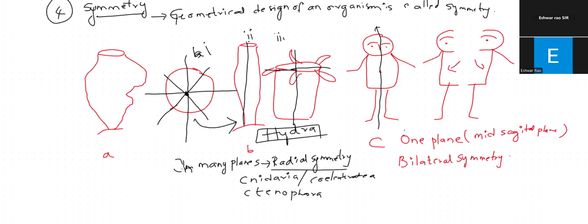And the first one: can we cut this into two equal halves? The answer is no. Therefore, the organisms which cannot be cut into two equal halves in any plane, such kind of symmetry is called asymmetry.